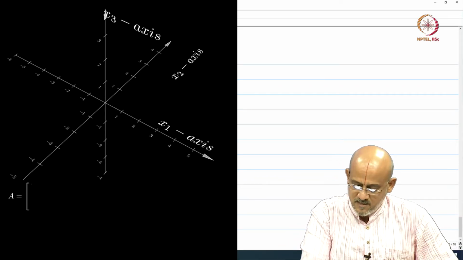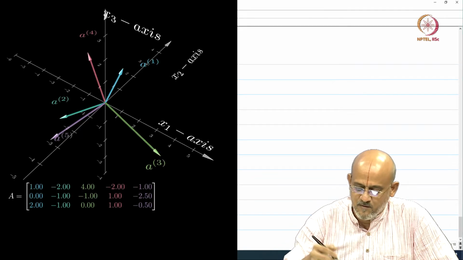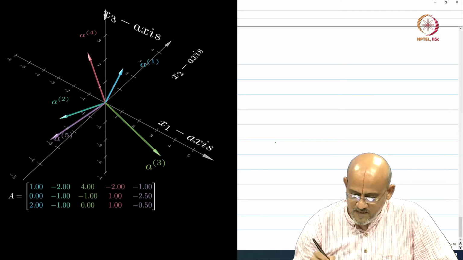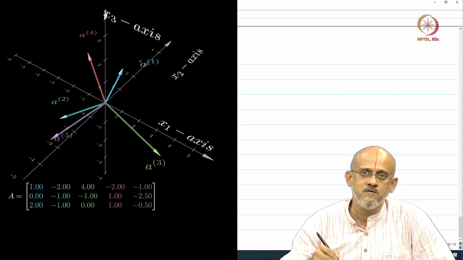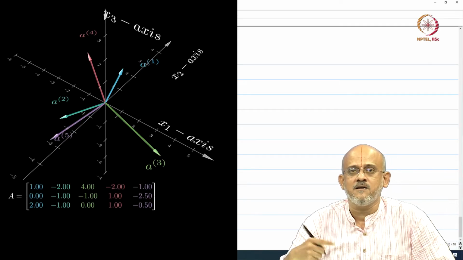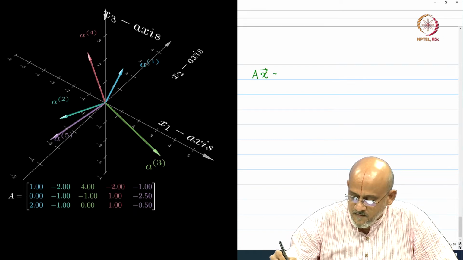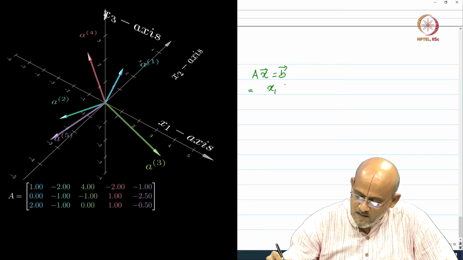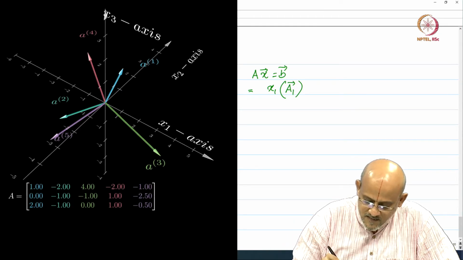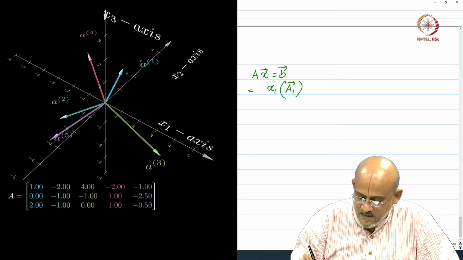Now, if you look at the column picture of a system of equations like Ax equal to B, we have already seen that the first component of the x vector always scales the first column vector of the matrix A. So, Ax equal to B can be expressed as x1 times the first column vector of A, which I will call A1, then A2, and An.